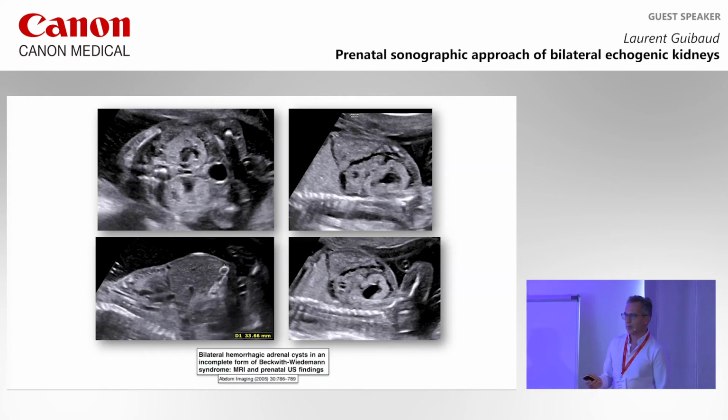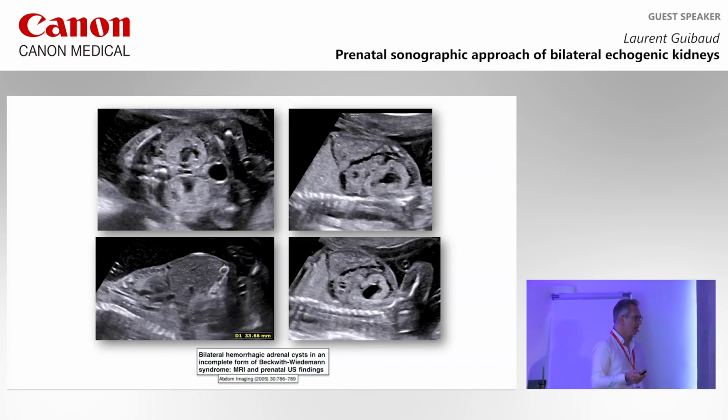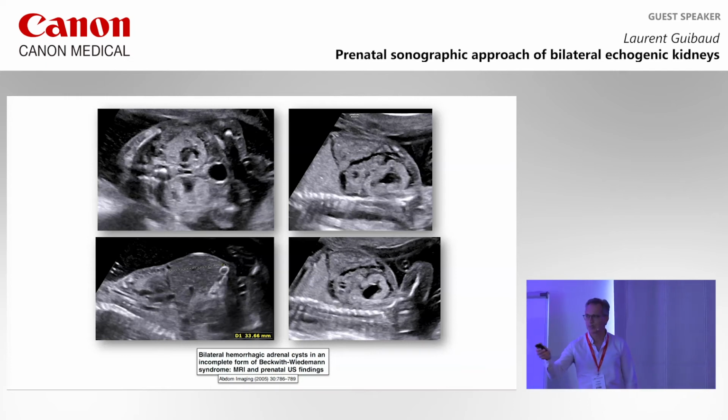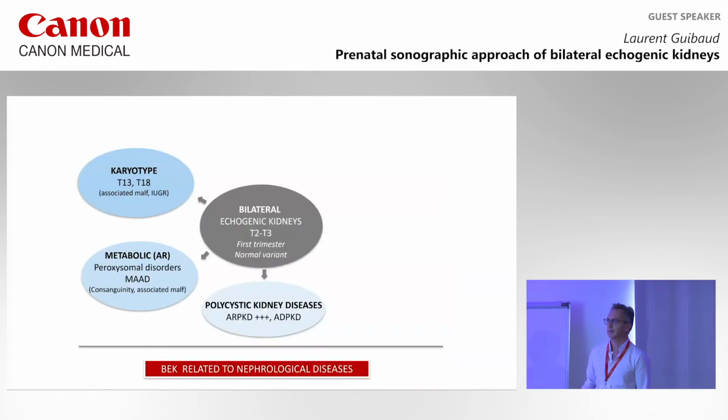Because in Beckwith-Wiedemann, you may have bilateral hemorrhagic adrenal cysts, as in this case. So this is not very frequent. Beckwith-Wiedemann is not very frequent, and Beckwith-Wiedemann with this kind of presentation is not very frequent. But if you see these large adrenals, you are sure that you are dealing with a Beckwith-Wiedemann.